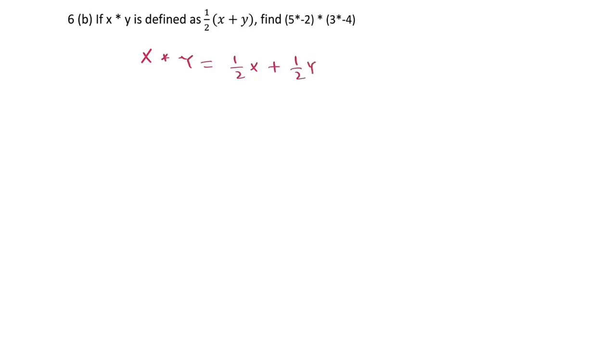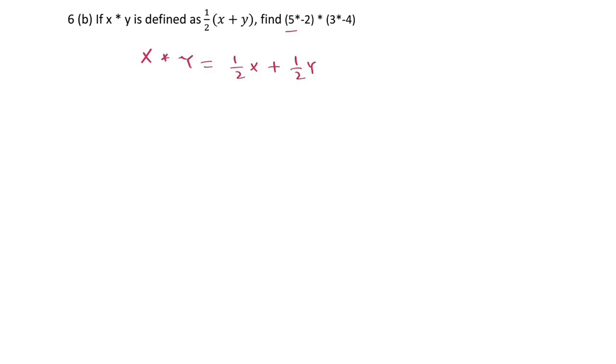Okay, so now let us take 5 star negative 2 from 5 star negative 2 star in brackets 3 star negative 4, and then we are going to substitute 5 and negative 2 as values of x and y respectively into the given equation.